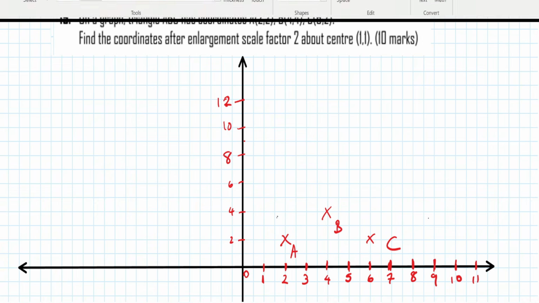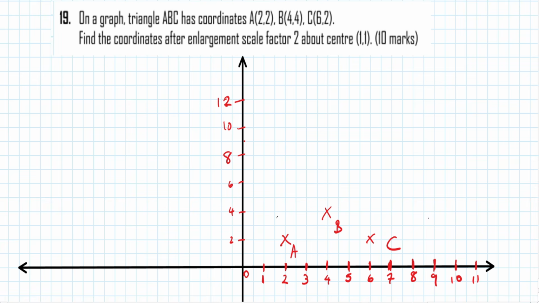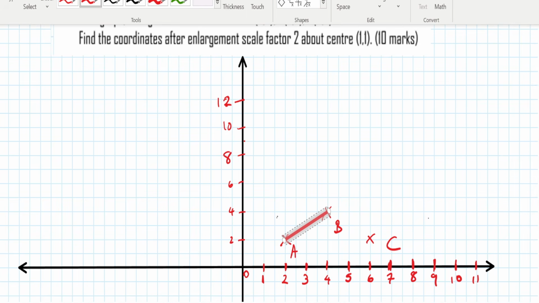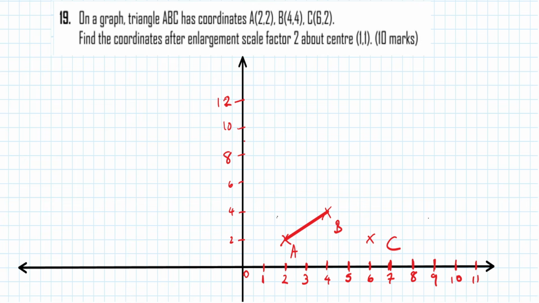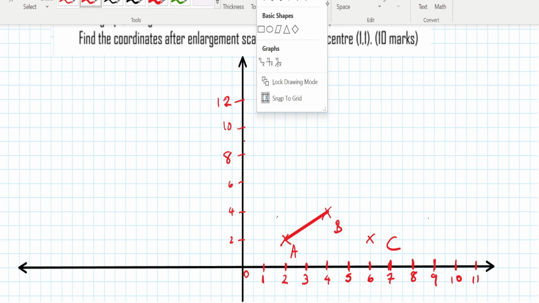Now let's connect those lines. Hopefully I can connect them. Let me connect this to this. The line is very, very thick. What happened again? The line is thick. I'm thinking of another one.